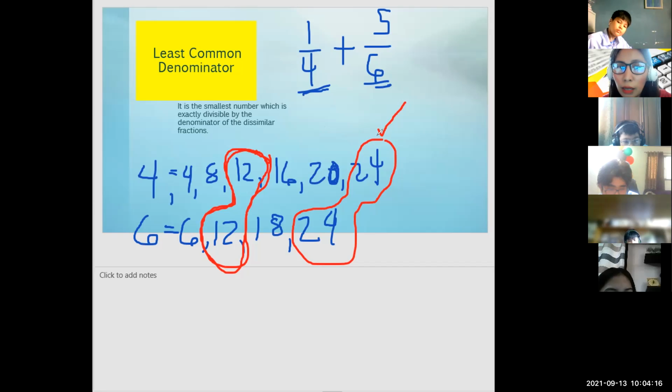That's why we need to get 12. Pero 24 is correct pa rin.